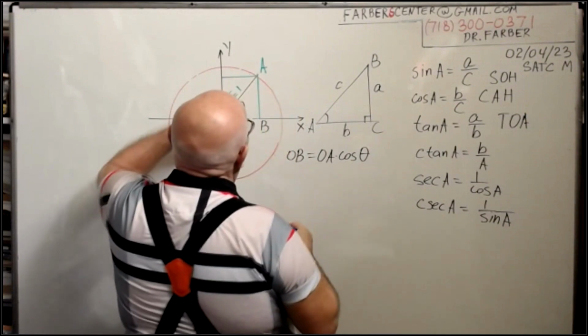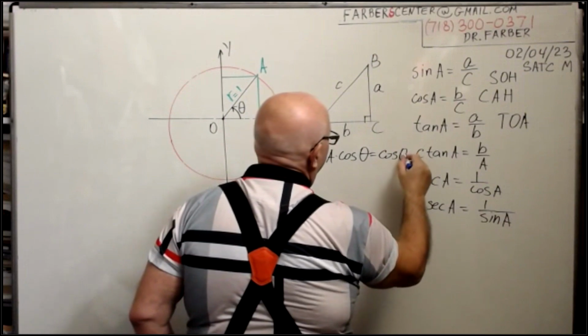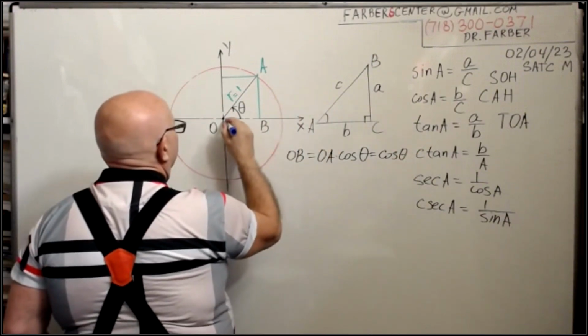Since OA, our radius, equals 1, you can write this equals cosine of theta. So this is cosine of theta.